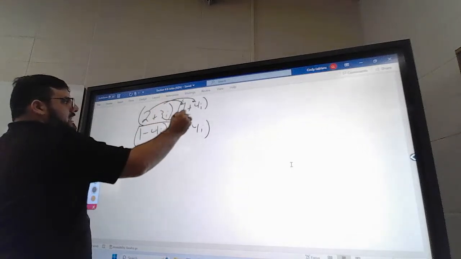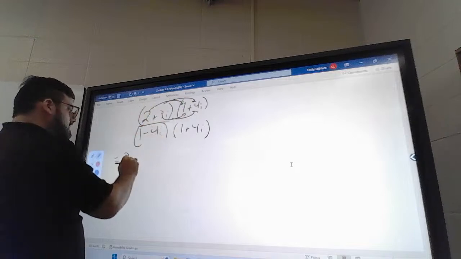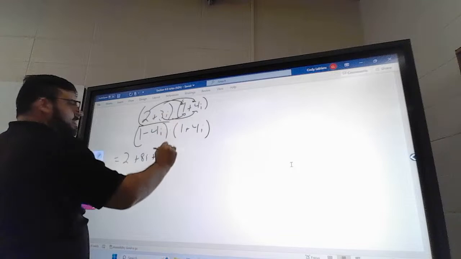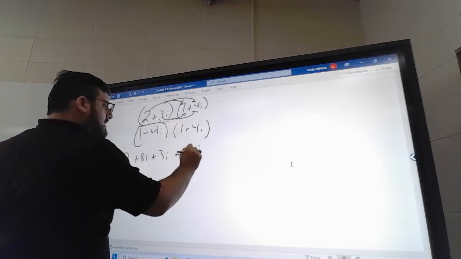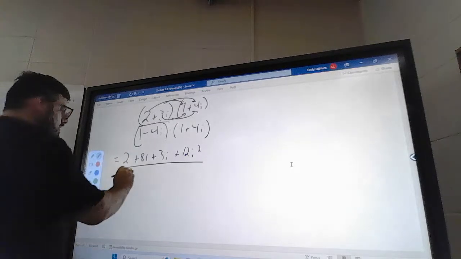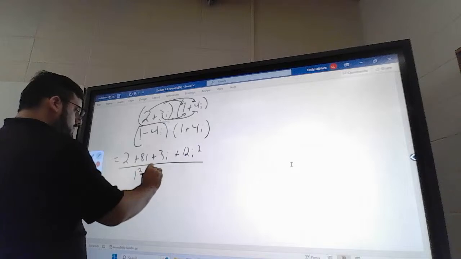First, outside, inside, last. So 2 times 1, then I have plus 8i, then I have plus 3i plus 12i squared. And I'm going to use the sum of squares formula: 1 squared plus 4 squared.